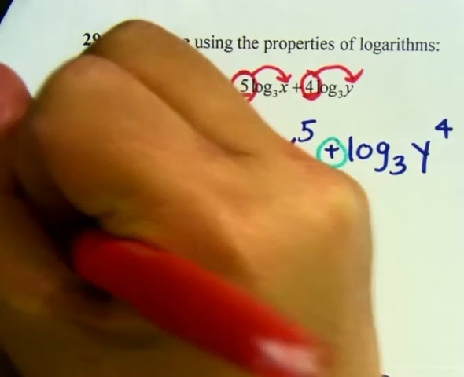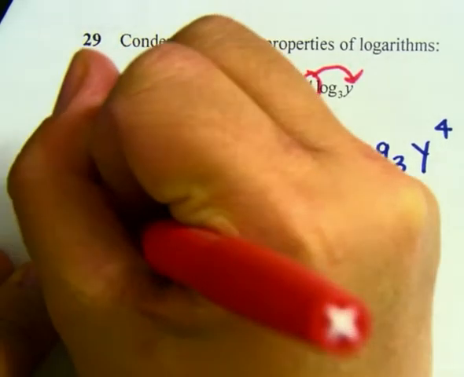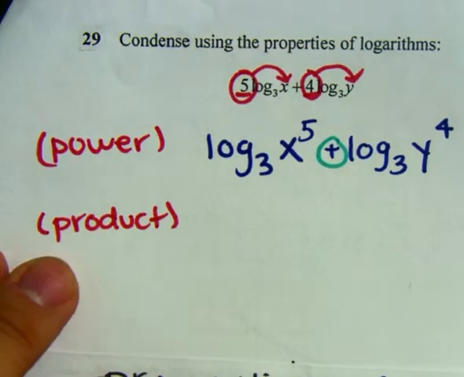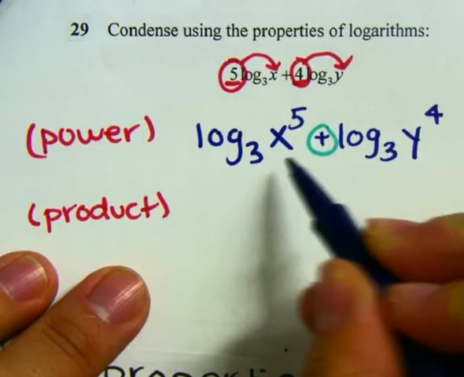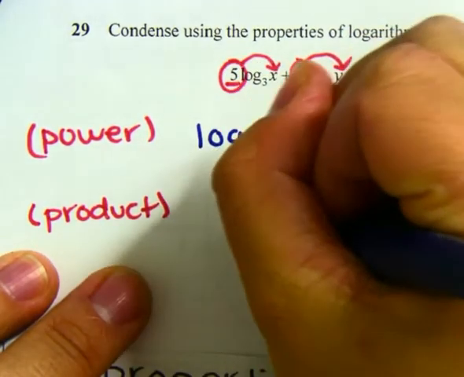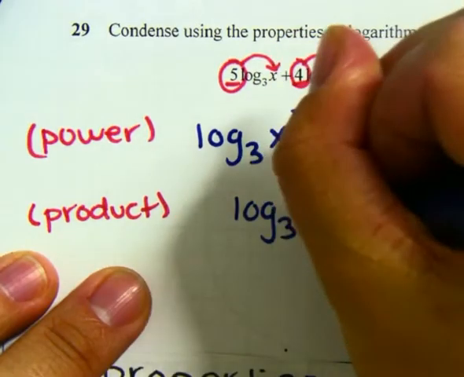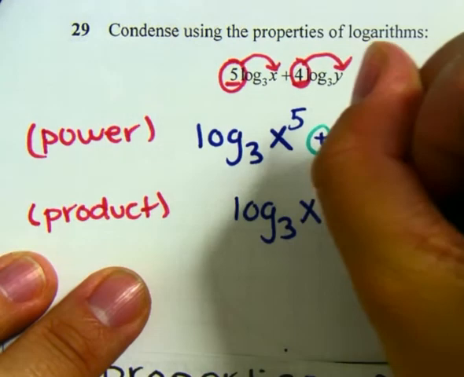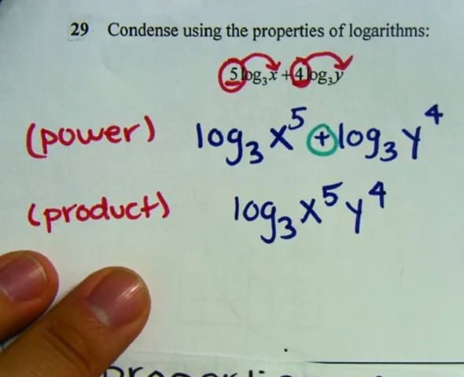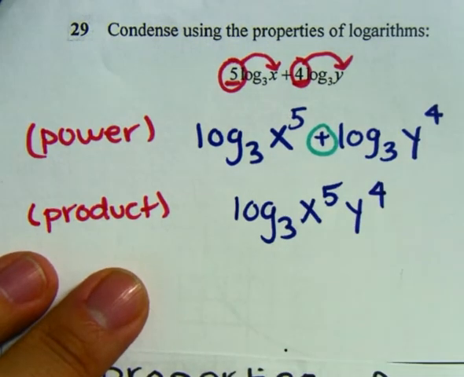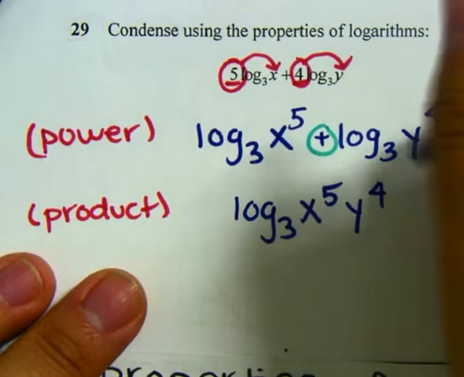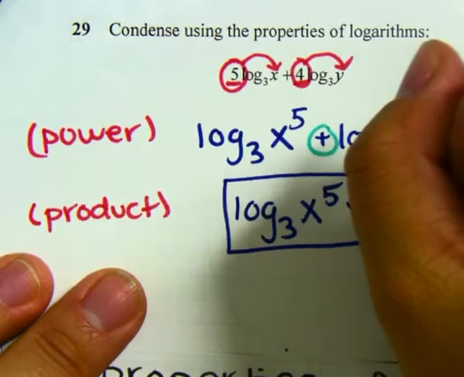So next property, I will use the product property, which tells me that I take my terms, so log base 3, I take the terms x to the 5th and y to the 4th and multiply them. And then we don't have any more operations like a subtraction or addition, so we are done condensing for 29.